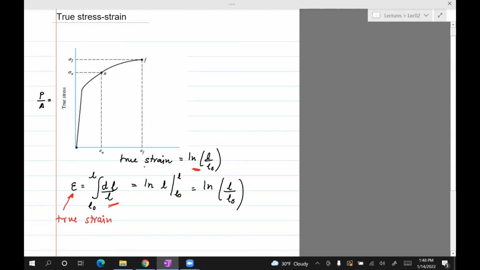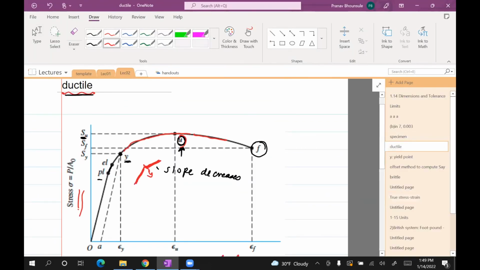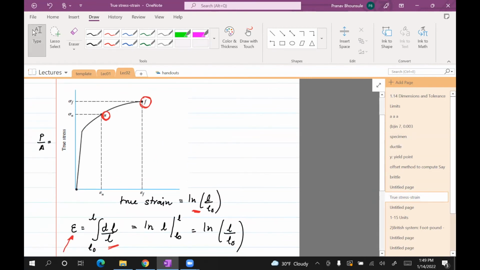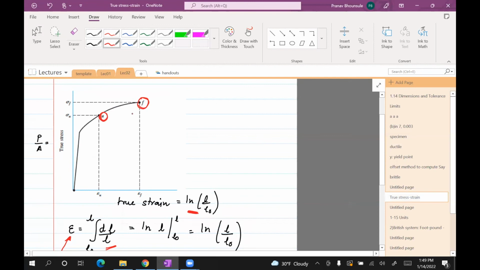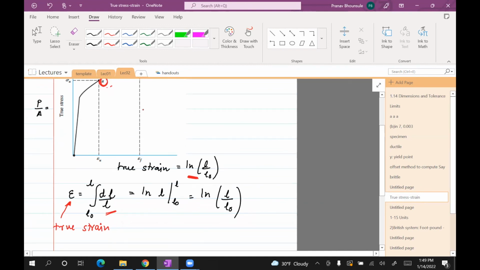Now, something interesting goes on here. When you do this plot, you will see that U is there and S is up there. Now look at this and compare it with ductile materials. Before, U was up there, but F was down there. But this plot comes from the same data as before. Just changing the way we define strain makes this different. So now U is below F. That's the interesting thing about using the true strain.